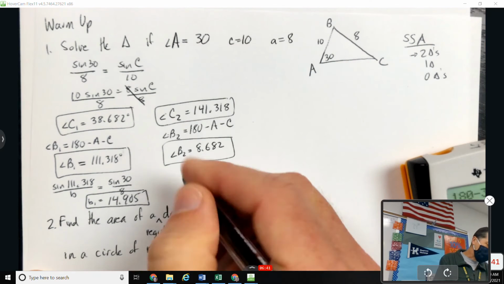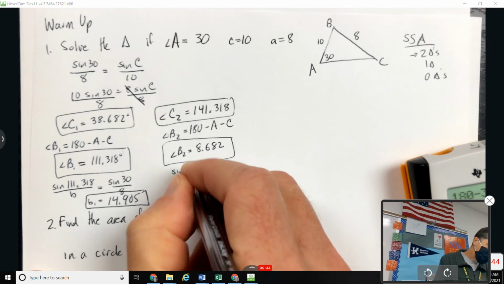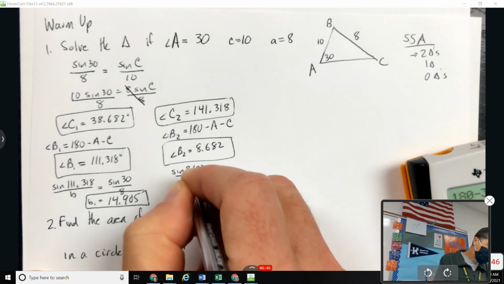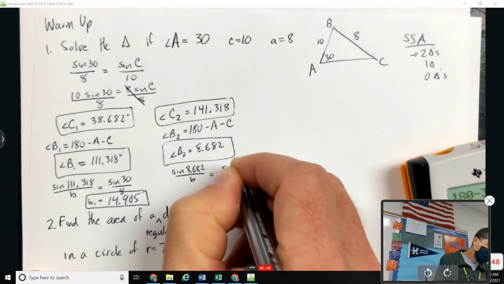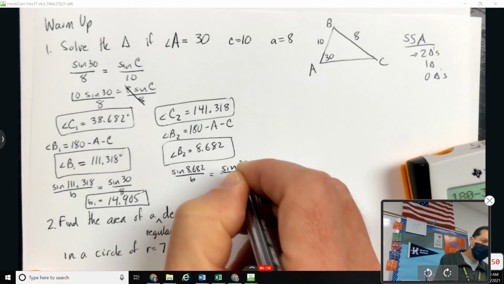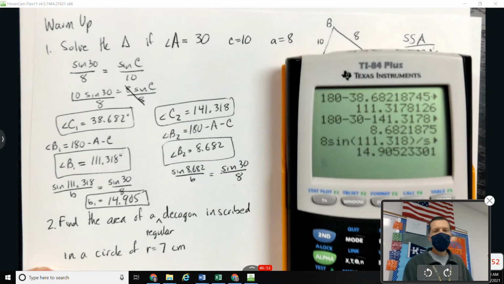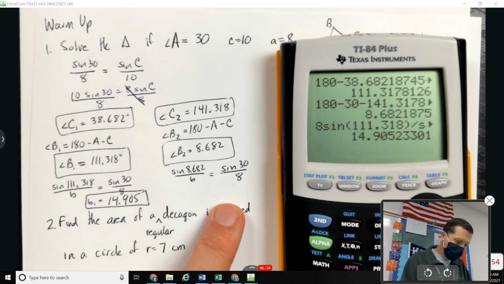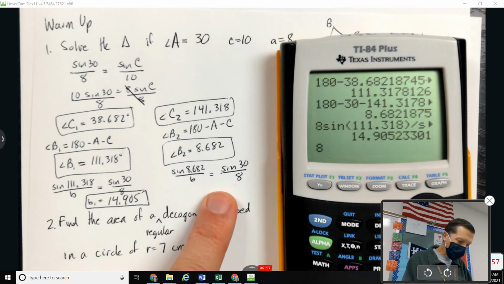And then again, same process for the other B. Different numbers though. And again, I'll do the work in the calculator, let the calculator do all the work.